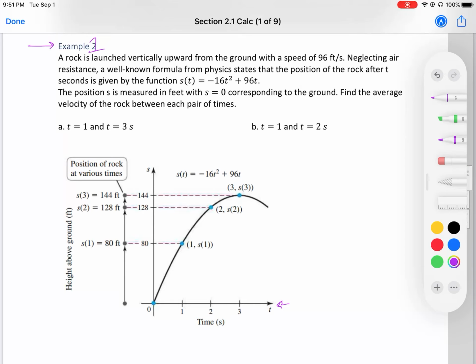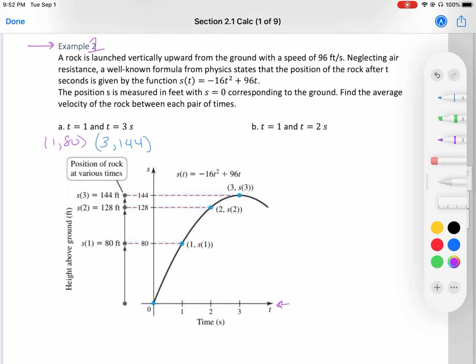All right, so for A, we're given time with t being 1 and t being 3. So if we want to use it as a rate of change, similarly to a slope, we see that at t1, our outcome, well, if we look at our graph, it's 80. And at t3, our outcome, 144. So I can find these rates of change by finding, in an easier sense, the slope of those points.